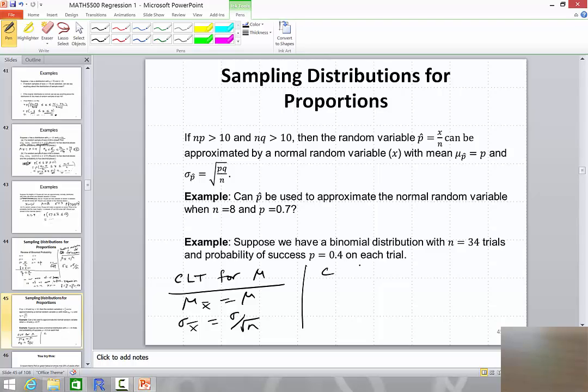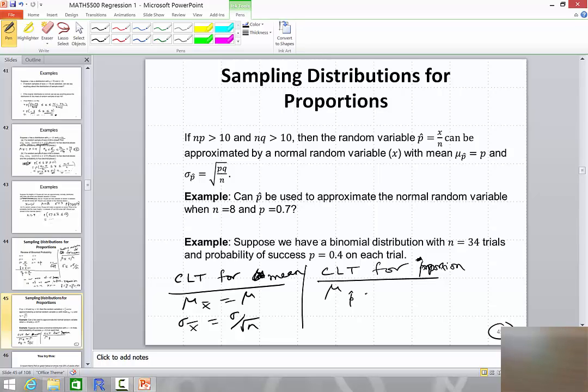This slide 45 is for the central limit theorem for the proportion. Central limit theorem for mean here, and this is for proportion, to be more specific.